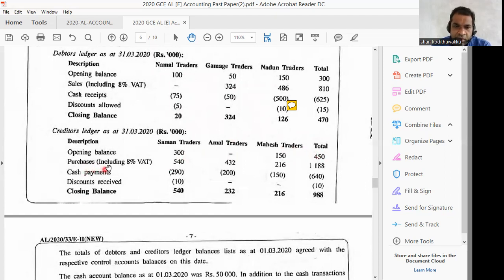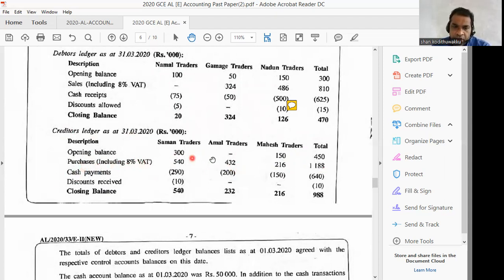Then purchases including 8% VAT. Here, they have given you the relevant values with VAT included. These are credit purchases because they have given them to you under the creditors ledger. Therefore, for you to prepare the purchases journal, we have to take these details.